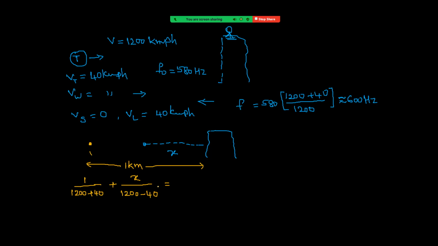In this time, the train covers distance 1 minus x. So we are equating the time taken: 1 minus x over the velocity of train, 40 kmph, which is constant.